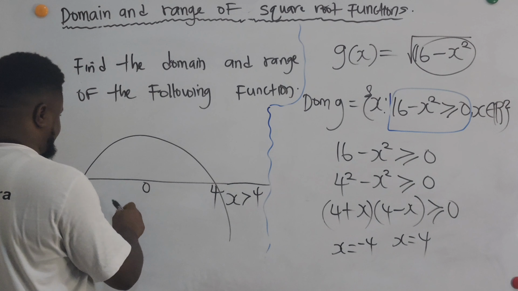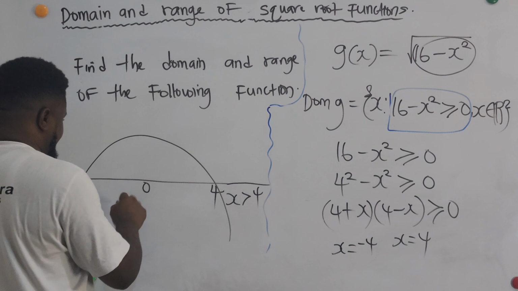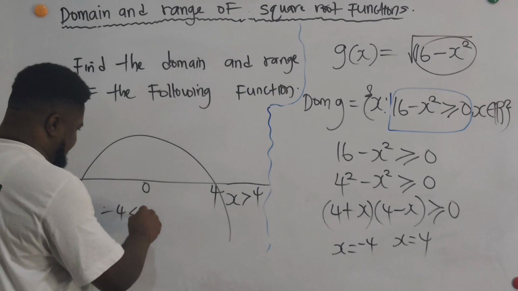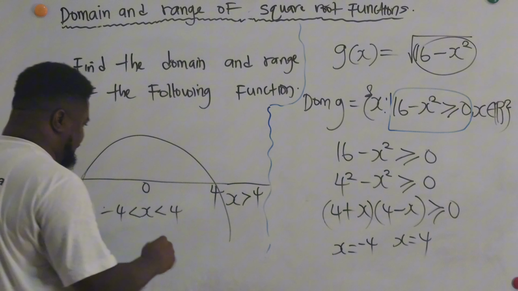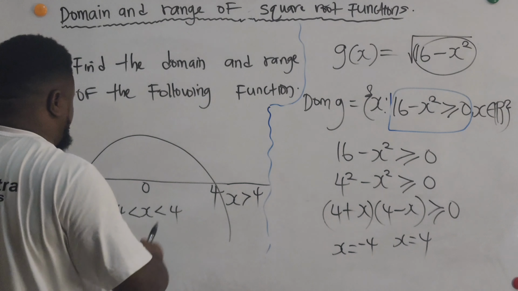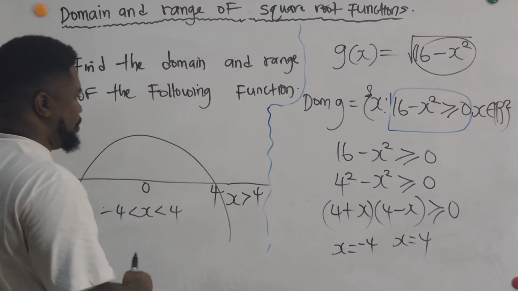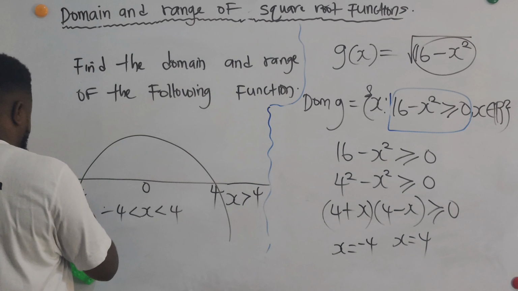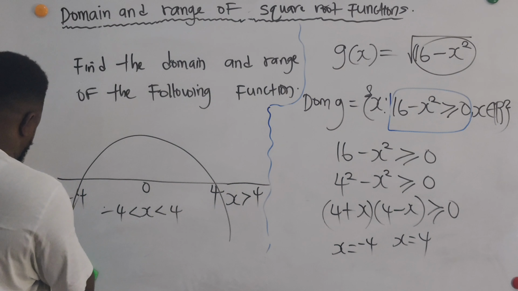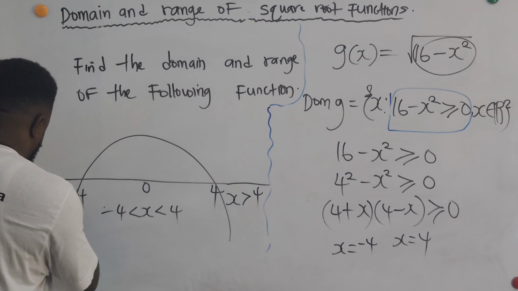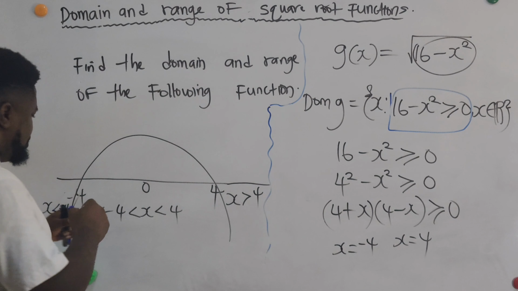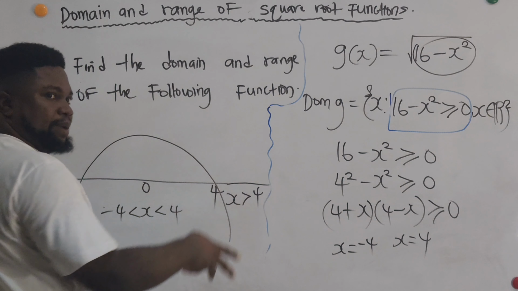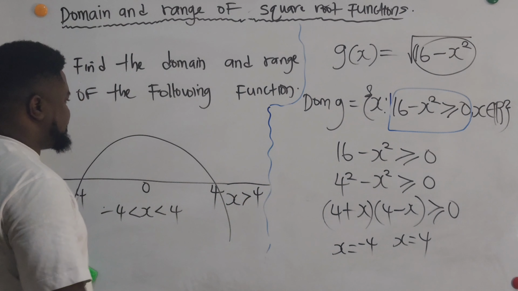This region is the region where minus 4 is less than x is less than 4, where x is in between -4 and 4. And here is where x is less than -4. So that's what happens. Let's pick a number from any of them and check out the solution set.